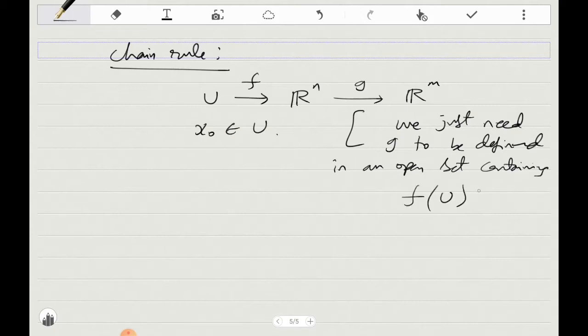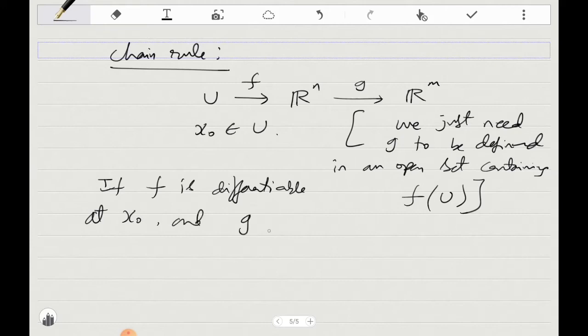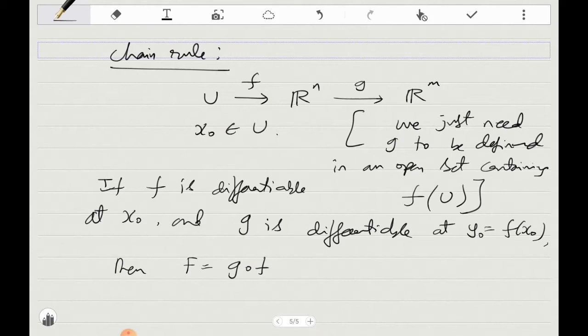With that setup, if f is differentiable at x naught and g is differentiable at y naught equal to f of x naught, then this composed function g composed with f is differentiable at x naught as well, and the derivative of this composition is just a composition of the corresponding linear transformations.